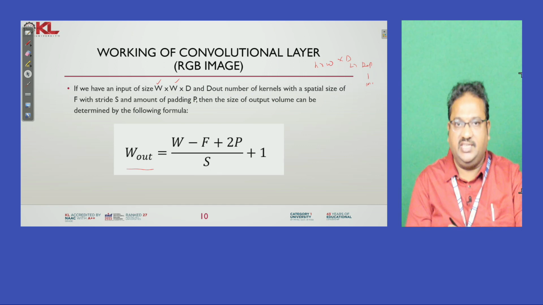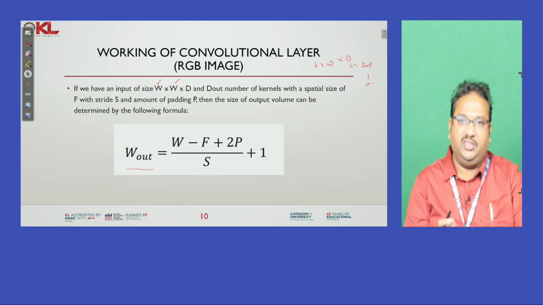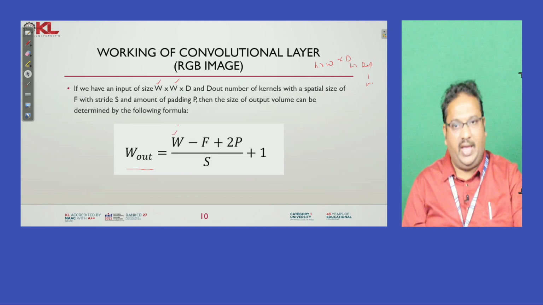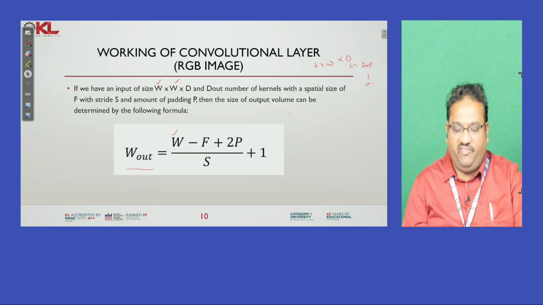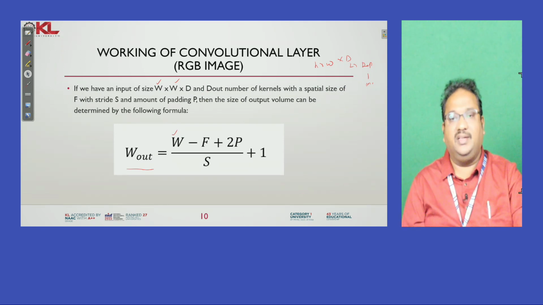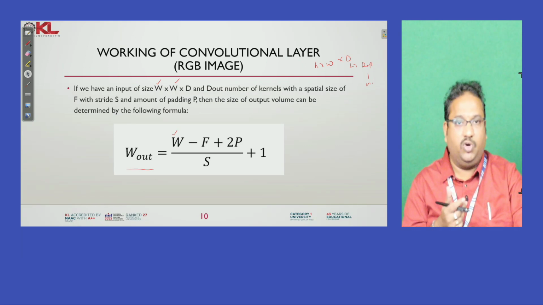He is considering that the height and width are both the same, so that is why I have written the formula W out is equal to W, the respective dimensions, minus F, where F is the spatial number of kernels. Kernels are nothing but the number of filters you are going to use.